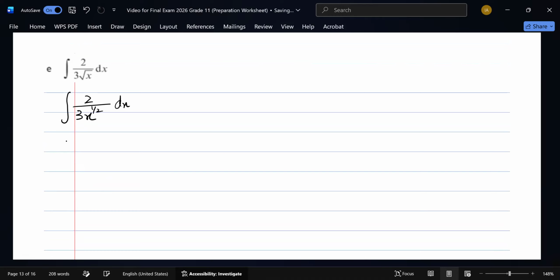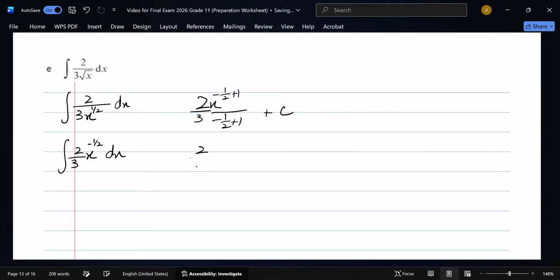Second thing, we bring this x in the numerator and the power changes its sign. Now, as per the integration, we must add 1 in the power and divide by the same power and must add a constant c.